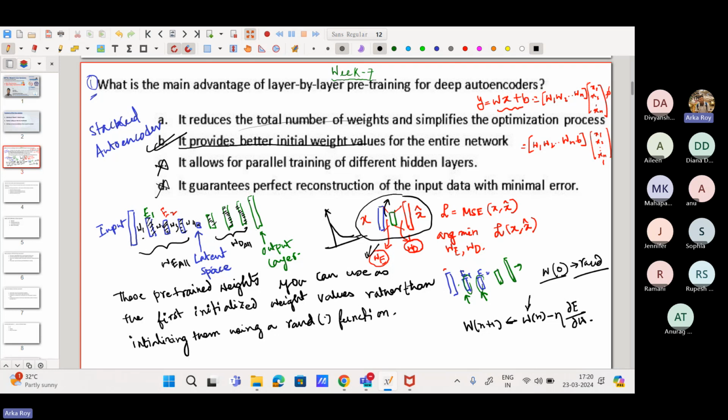So anyway, you are not able to reduce the weights. So that is why reducing the total number of weights is incorrect. Therefore, option A is also incorrect. So you can see that option B is the correct answer for this particular question.